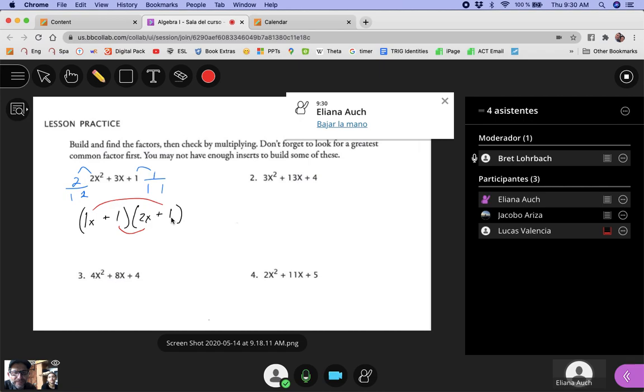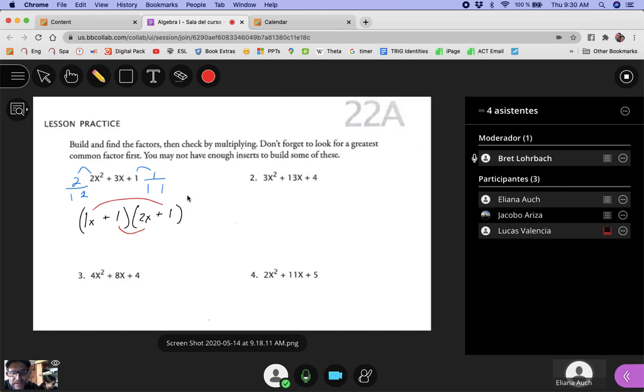This is why the checking is important, because there are multiple combinations. In this example, there's only one possibility, so it doesn't really show the multiple combinations, but the other examples will.